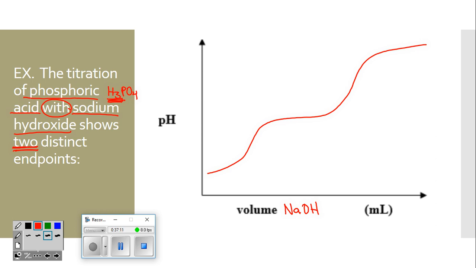Now, if we consider what's happening in the first section, I'm starting with hydroxide ions, right, because I have a strong base, and H3PO4. H3PO4 is going to donate a hydrogen. I'm not going to replace this with hydronium because it's not a strong acid. In the last one, I replaced HCl with H3O because it was a strong acid. That means that when I get to this point, I have a molecule of water and H2PO4 negative.